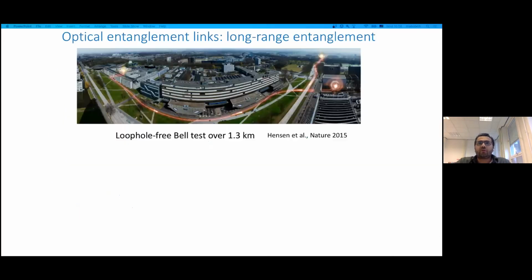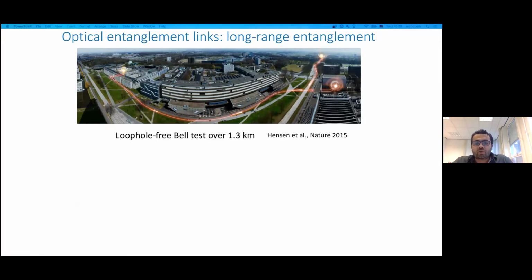Right. On the photonic link side, or the remote entanglement, there have been a lot of fantastic experiments, in particular from the group of Ronald Hanson here at QuTech. For example, the famous loophole-free Bell test, where two NV centers that are 1.3 kilometers apart were entangled.